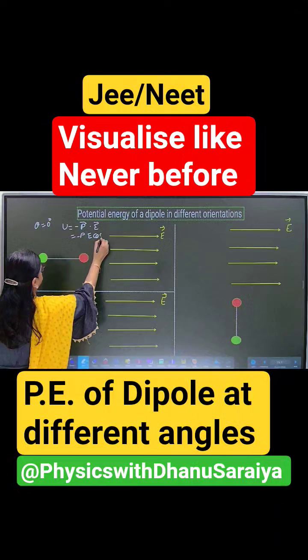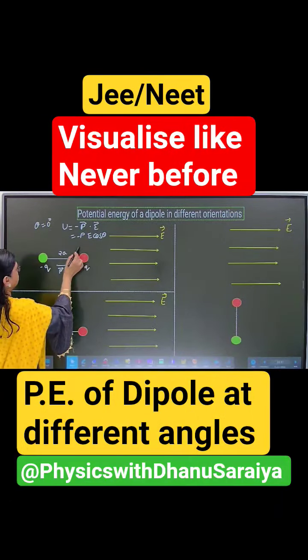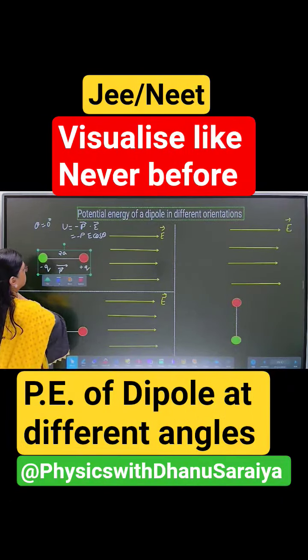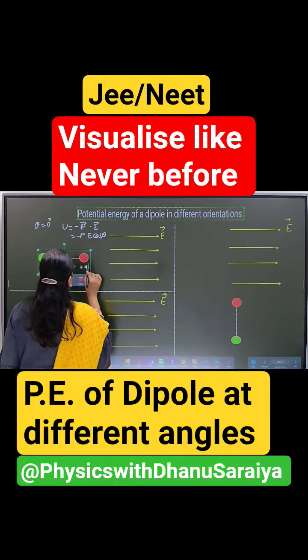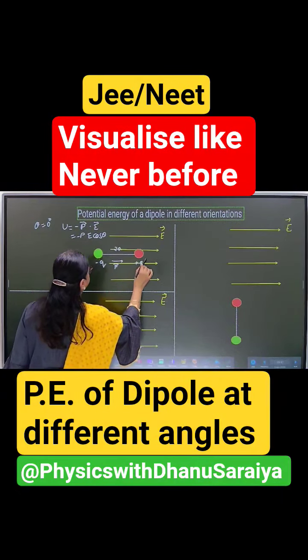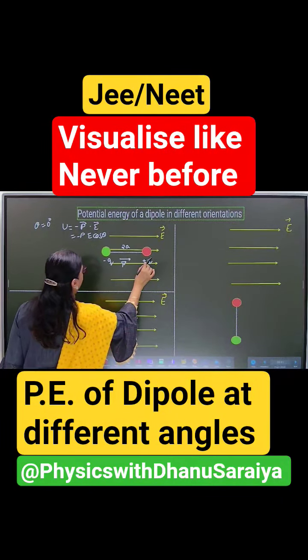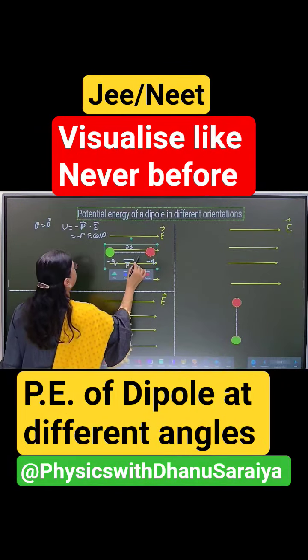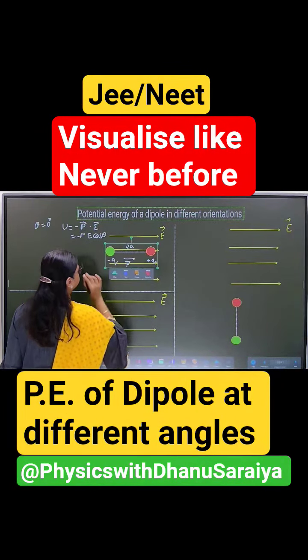Theta is equal to 0 degree. In our formula, U is equal to negative P vector dot E vector, which is equal to negative PE cos theta. Okay, shift this arrangement of a dipole and place it in the presence of the uniform electric field.